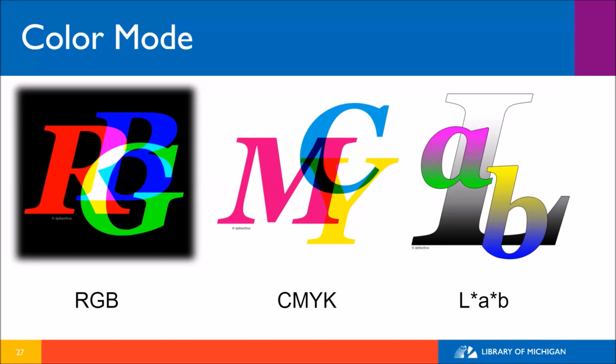And this is used for still images where the brightness or the luminescence is separated out from the chroma. And that's the L value, where the color values are on an axis, where A is from red to green and B is from blue to yellow. So you have a few different things going on there.